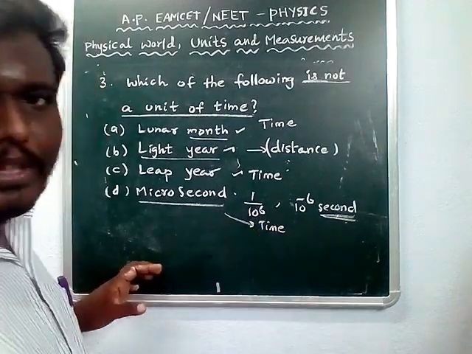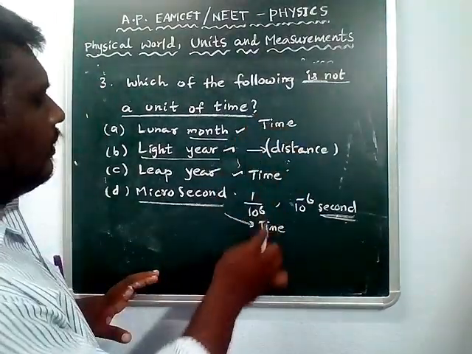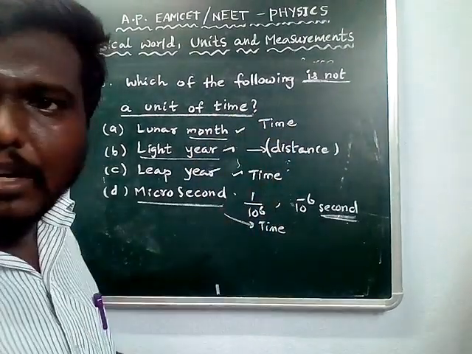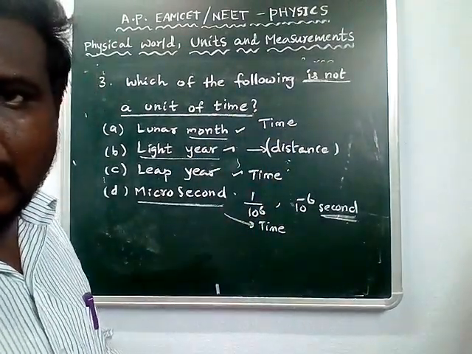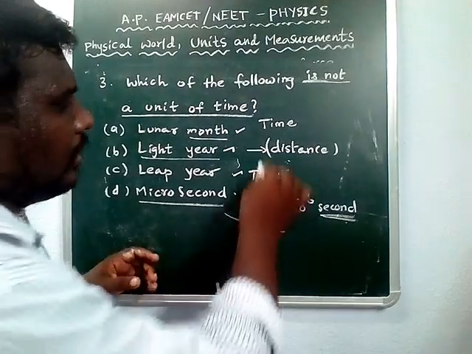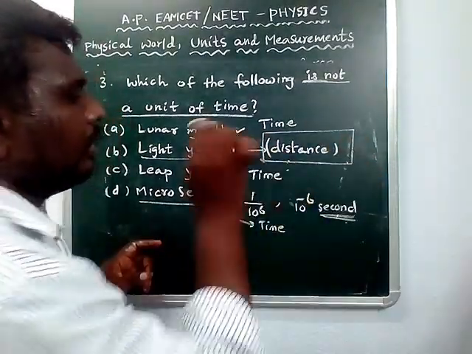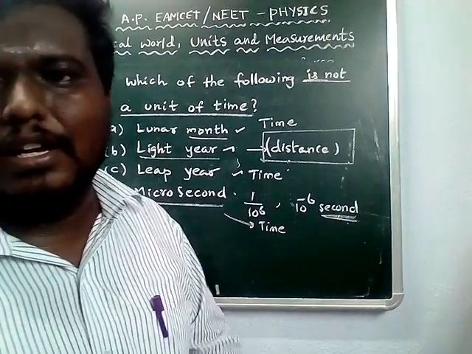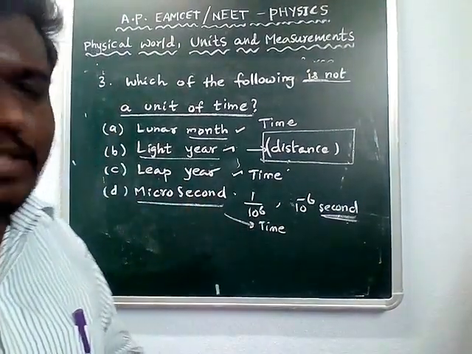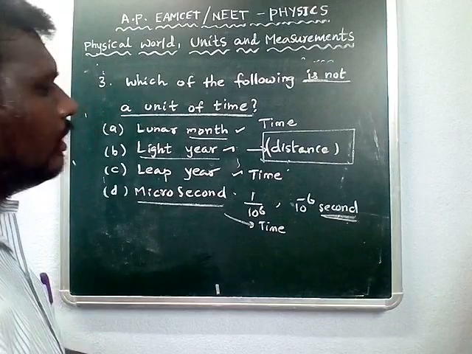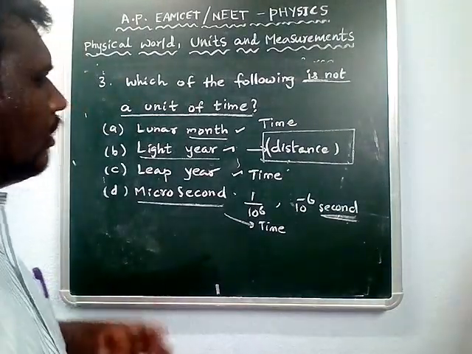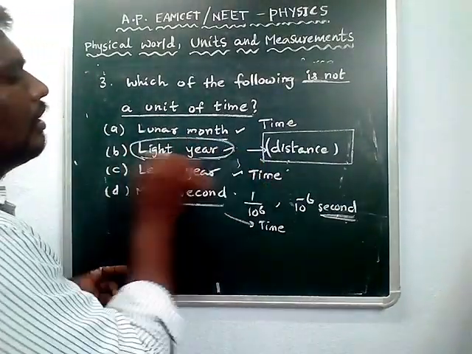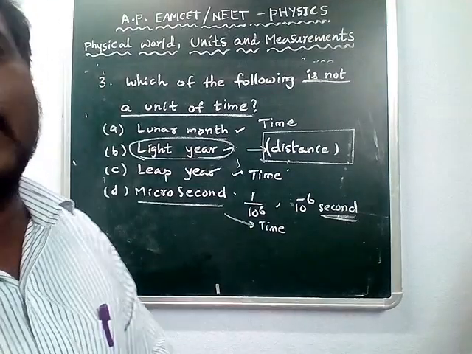Understand? So these three parameters represent a unit of time, but the one that does not represent a unit of time is the light year. Light year is the distance traveled by light in 1 year in a vacuum. Understand? So a light year is a unit of distance. It's not a time.